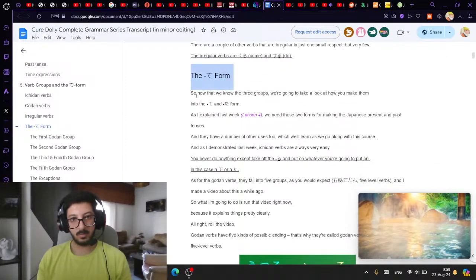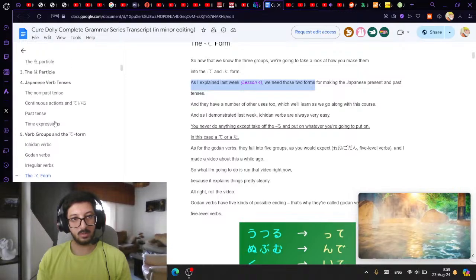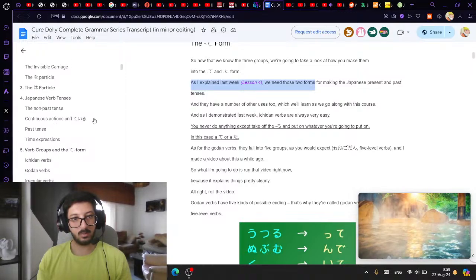The te form. So now that we know the three groups, we're going to take a look at how you can make them into the te and ta form. As I explained last week in lesson 4, we need those for the time expression past simple and teiru, continuous actions.